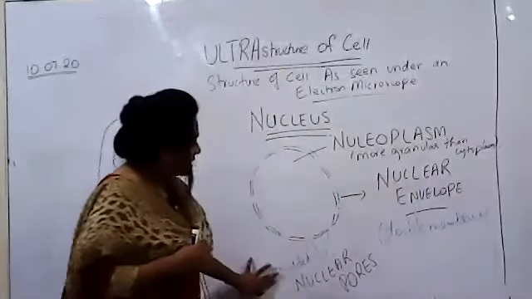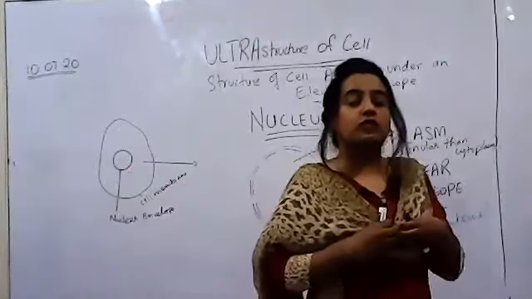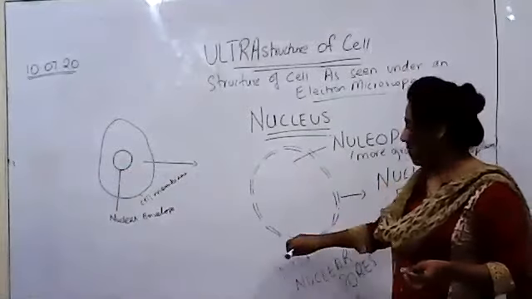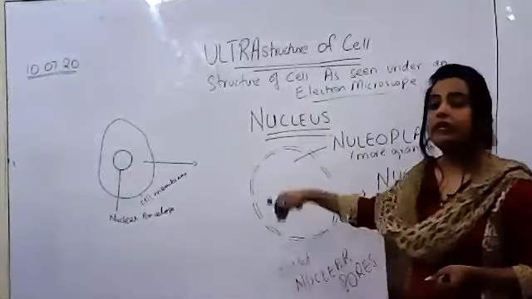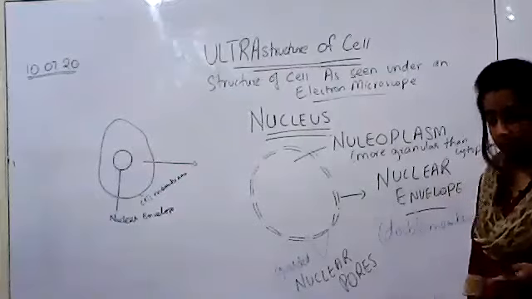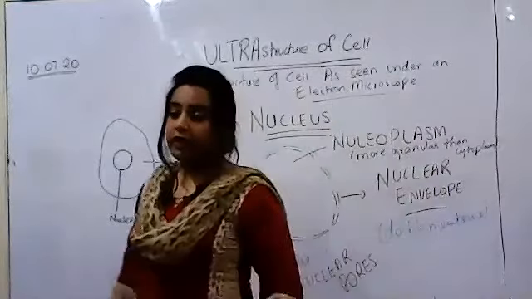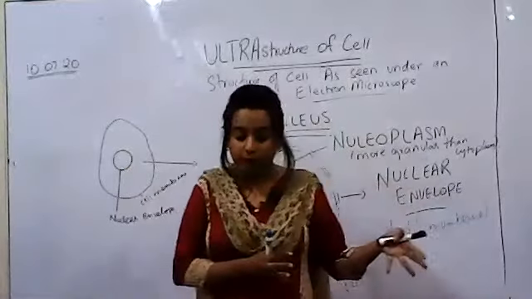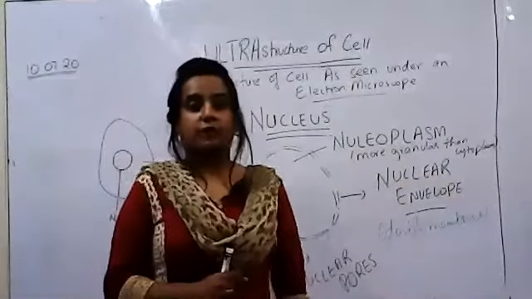So just like that, these nuclear pores have protein molecules guarding them. So whatever has to leave has to first of all pass through those guarding proteins. If they allow, only then the material can leave. If they don't allow, the material will not be able to leave, right? So for now, nuclear pores help in the exchange of material, in the entry of bigger molecules from the cytoplasm to the nucleoplasm, and the exit of molecules from the nucleoplasm back into the cytoplasm, right?